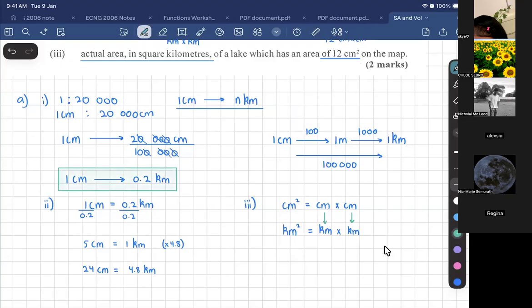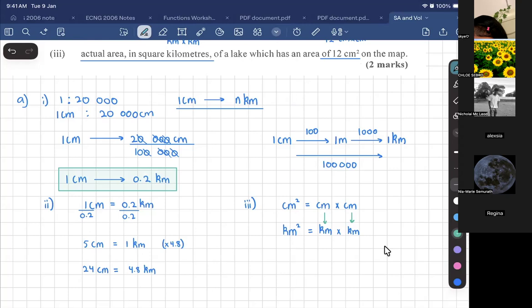We want to go from centimeter squared to kilometer squared. Again, what does 1 centimeter actually represent in real life? 0.2 kilometers.